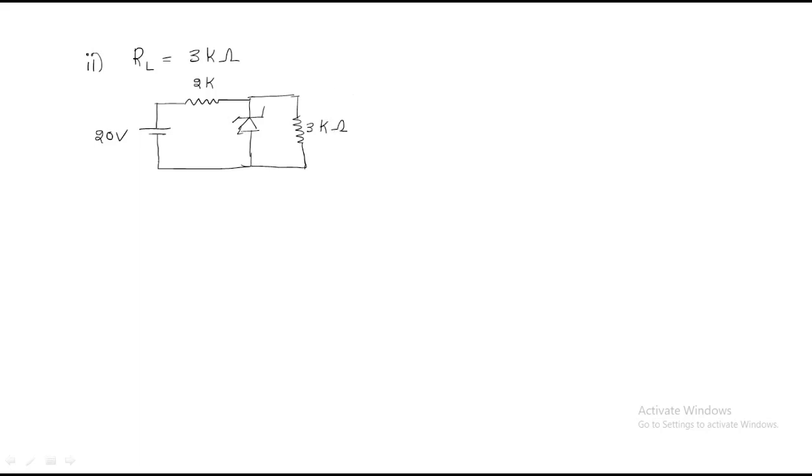Now we don't know how much voltage is applied to the reverse bias of the Zener diode. So for that purpose, again we need to find the voltage across this point V. Same process: you open the Zener.